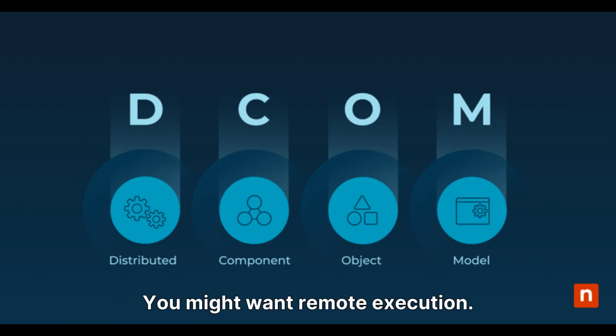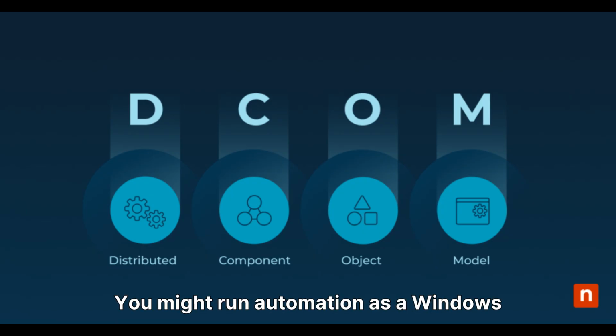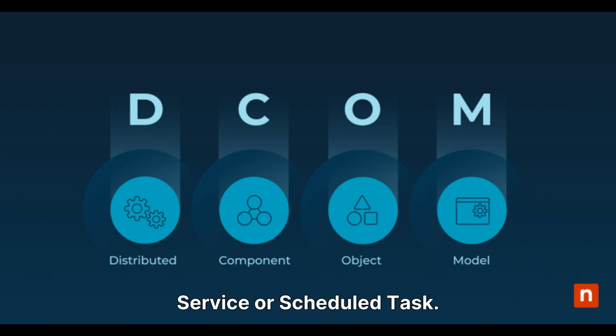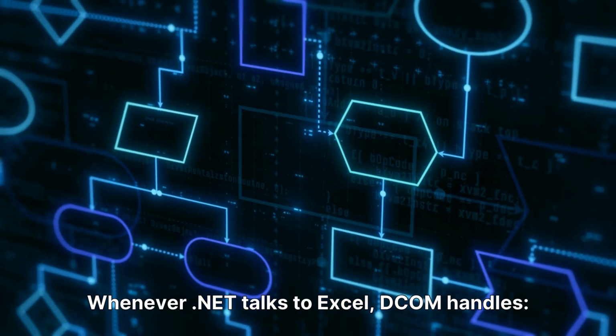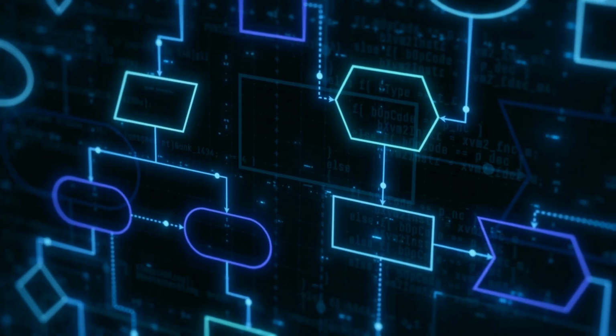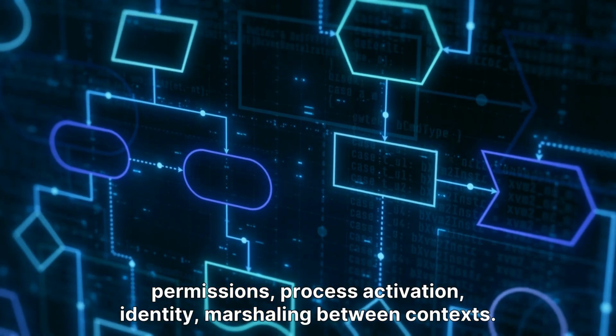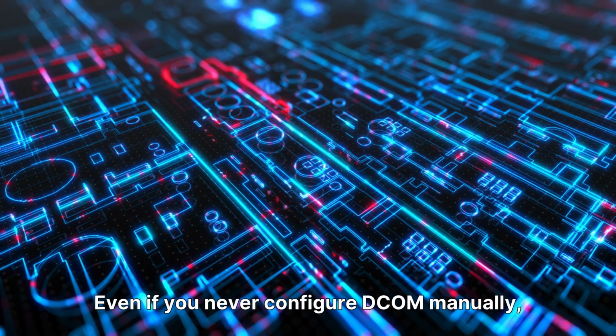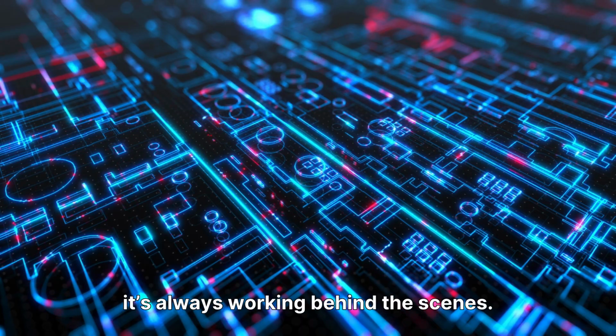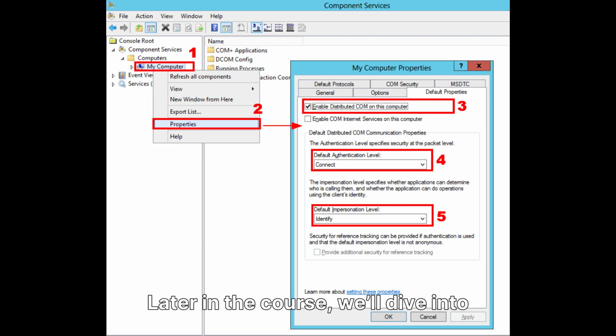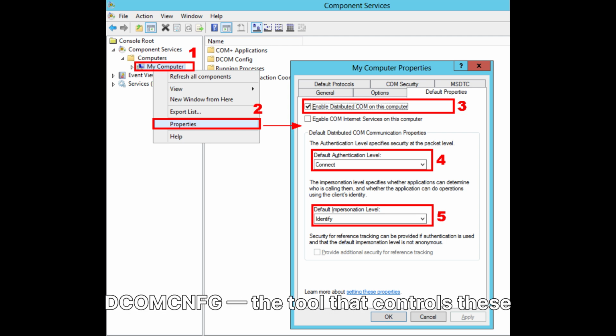You might want remote execution. You might run automation as a Windows service or scheduled task. Whenever .NET talks to Excel, DCOM handles permissions, process activation, identity, and marshalling between contexts. Even if you never configure DCOM manually, it's always working behind the scenes. Later in the course, we'll dive into dcomcnfg, the tool that controls these settings.